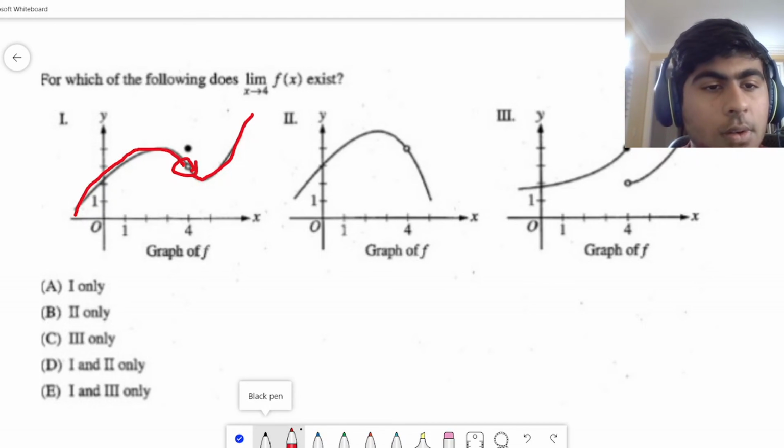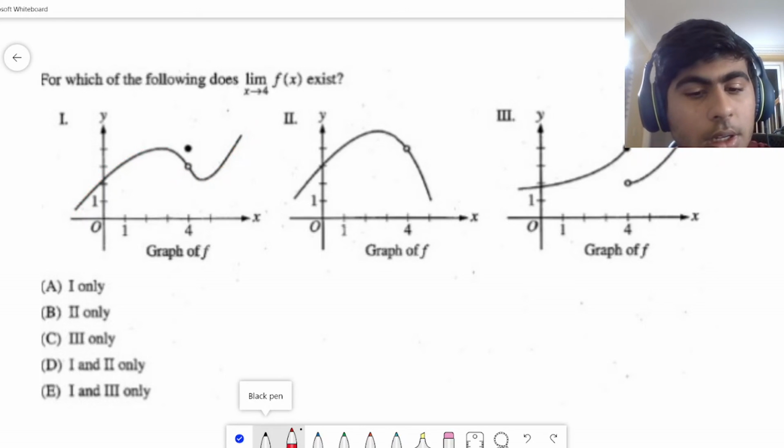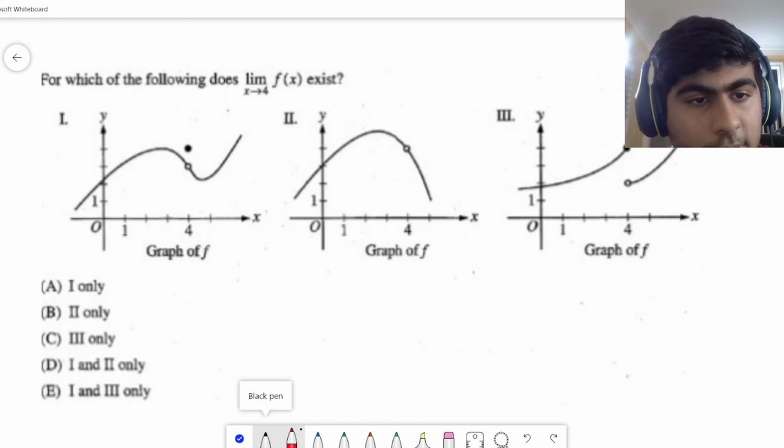All they asked us for was, does the limit exist? And, well, as you approach from the left-hand side, you go to that point. As you approach from the right-hand side, you go to that same point. So while the function is not defined at this point right here, that's the limit. The limit does exist. This one works.